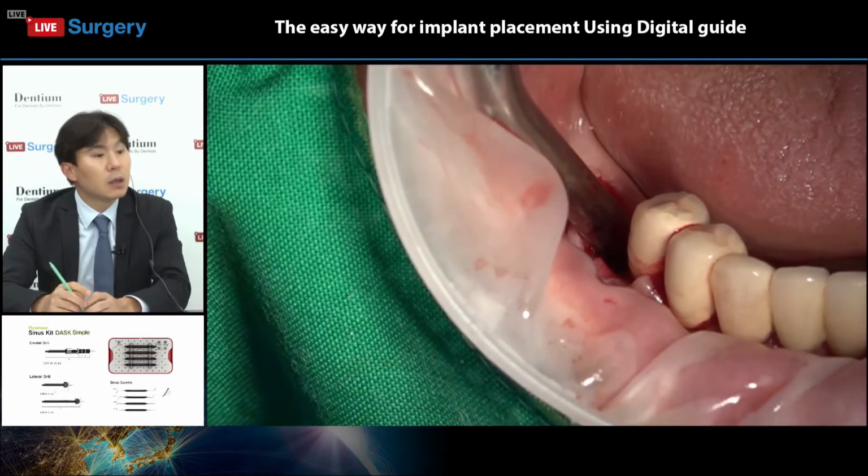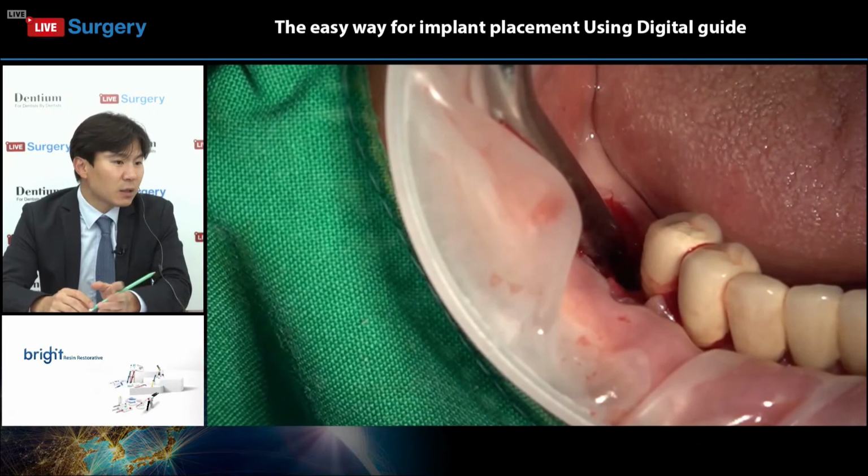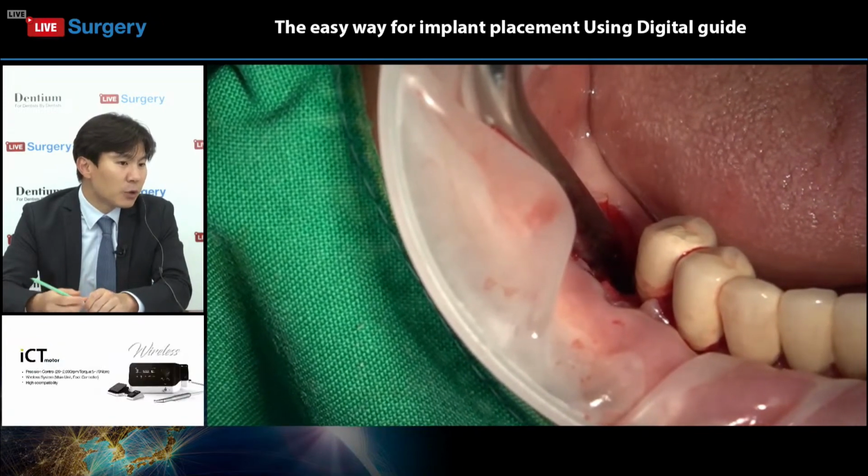I think he will perform same technique as we previously seen on the posterior maxillary area.